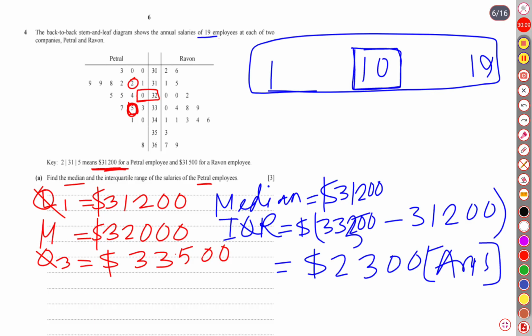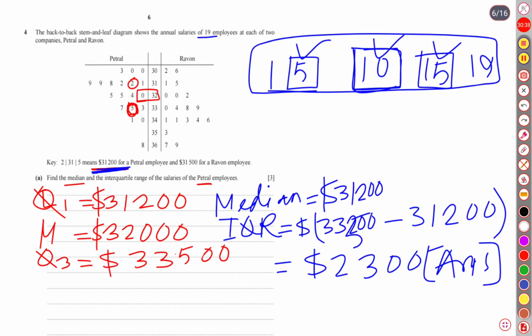Between these there is another middle, the fifth data, and here the 15th data is the middle of the second half. So fifth data, 10th data, and 15th data, these three have been used. Median is the 10th data. The 10th salary is 320, so we have written 32,000 because zeros have been added to each quantity.